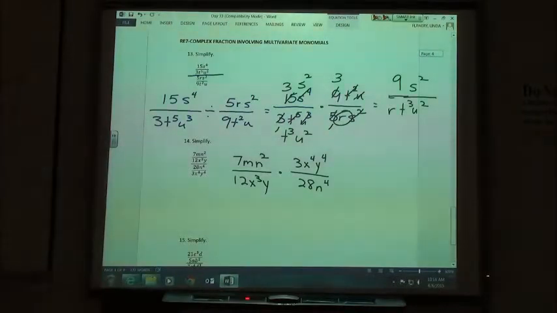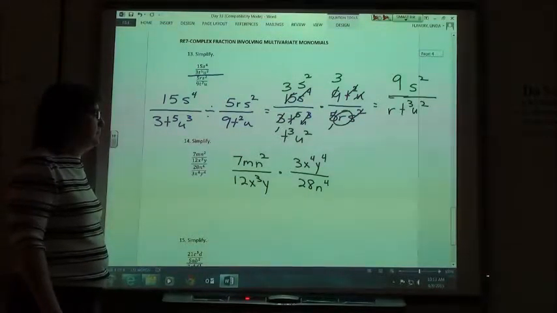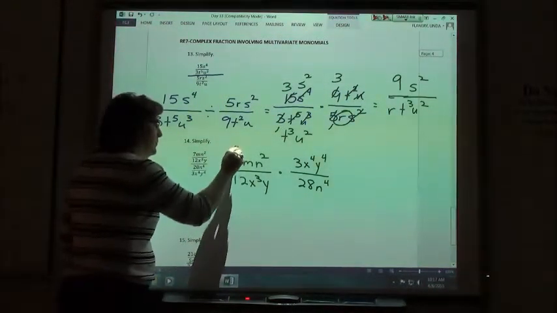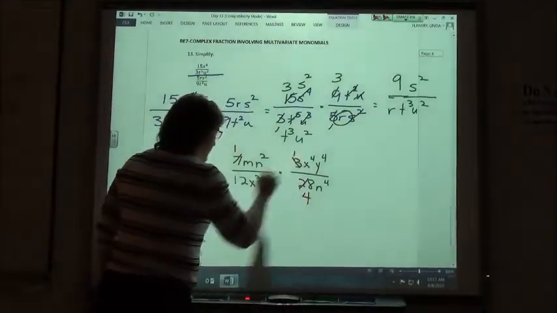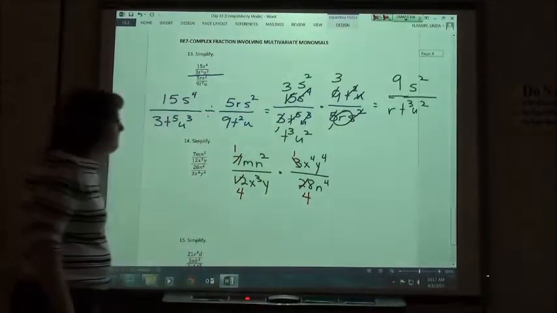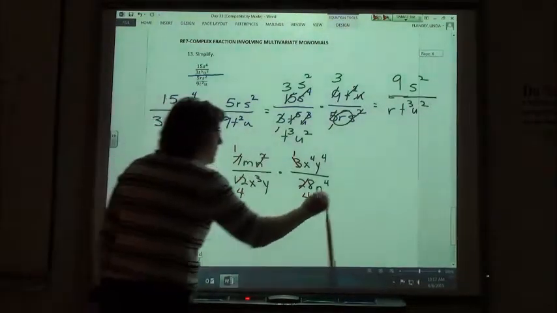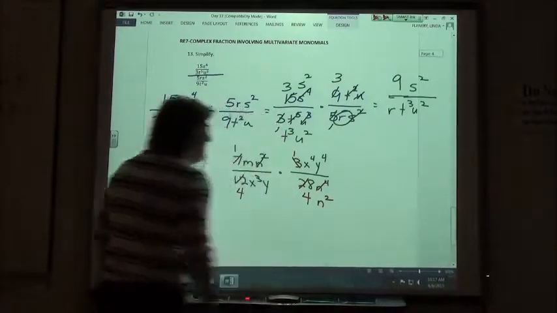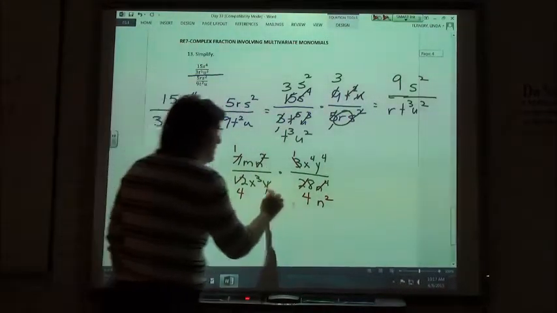So if we invert and multiply, what can we do with that one? 7 goes into 28 4 times. 3 goes into 12 4 times. And then you can cancel the n squared and then put n squared over there. Take out 1 y, so that'd be y to the third on the top.